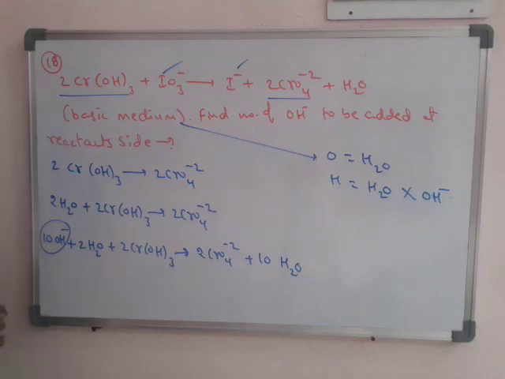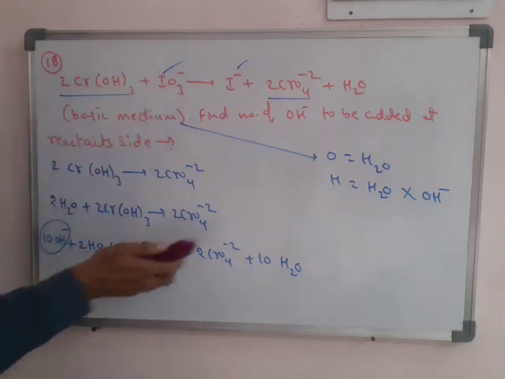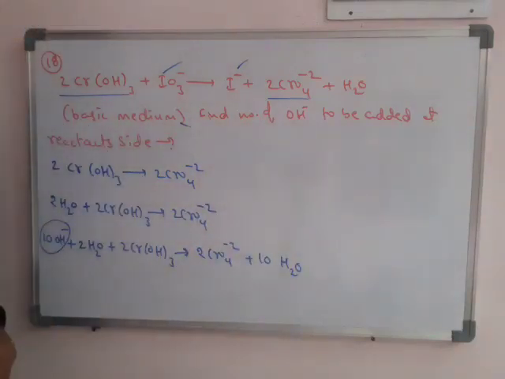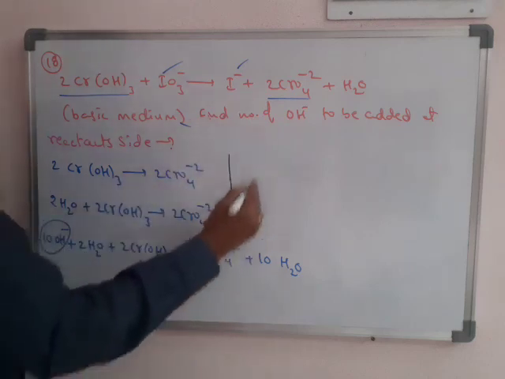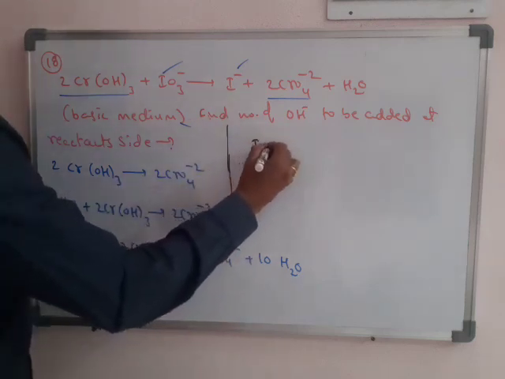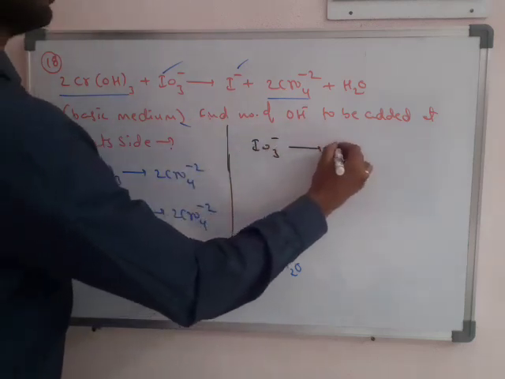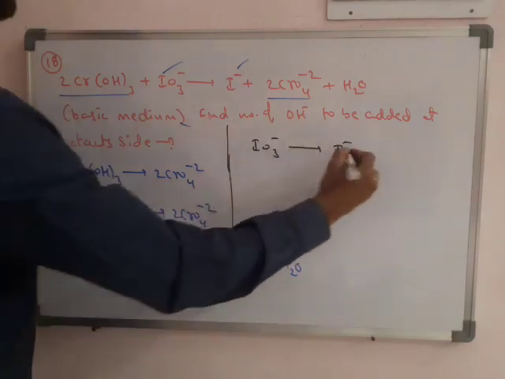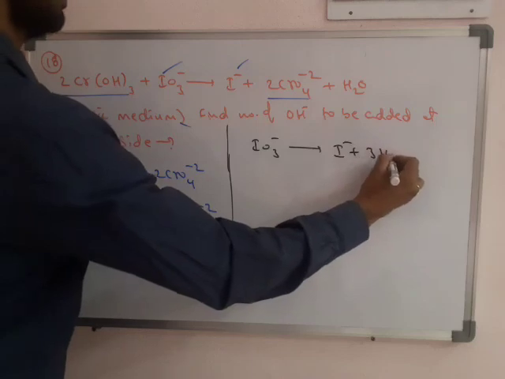Okay, next also do the same thing for this reaction. IO3 minus to I minus: 1 iodine, 1 iodine. 3 oxygens, there are no oxygens on the other side, so 3 H2Os.